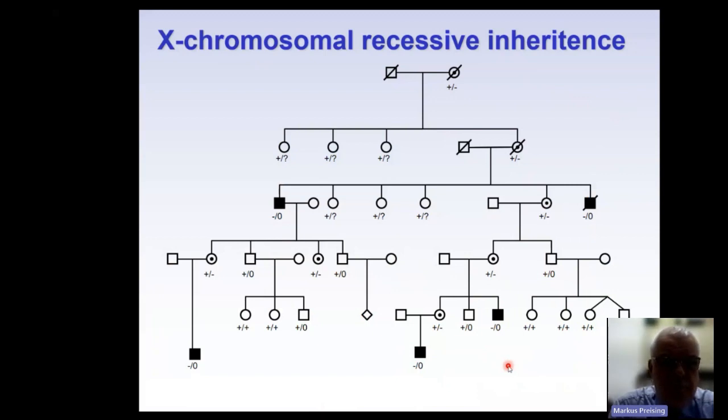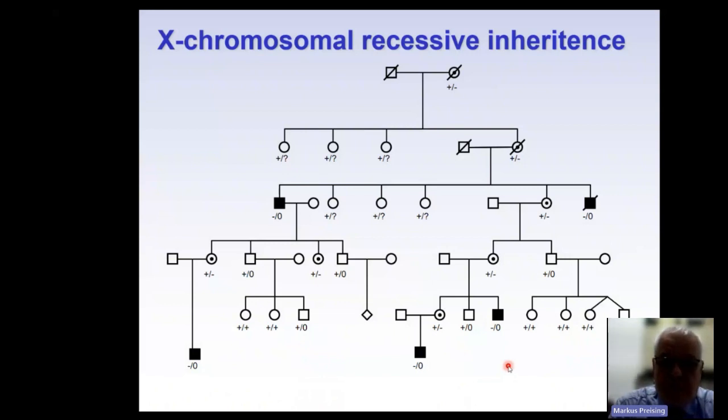The problem here is that the affected males carry only one X chromosome. The sister chromosome for the X chromosome is the Y chromosome, which is necessary to have as a male, because if you don't have a Y chromosome, you cannot be a male.